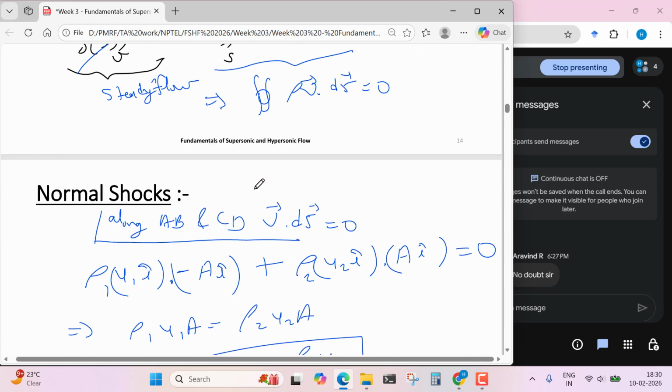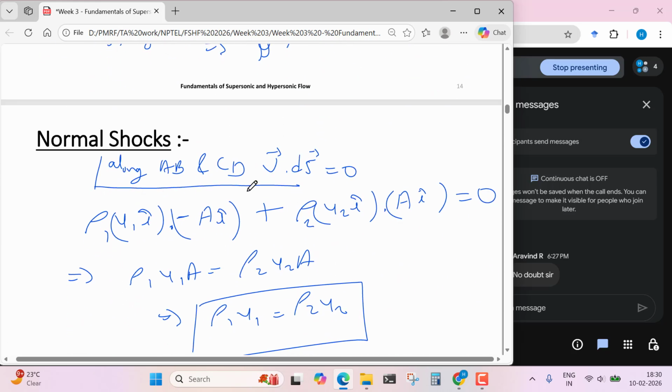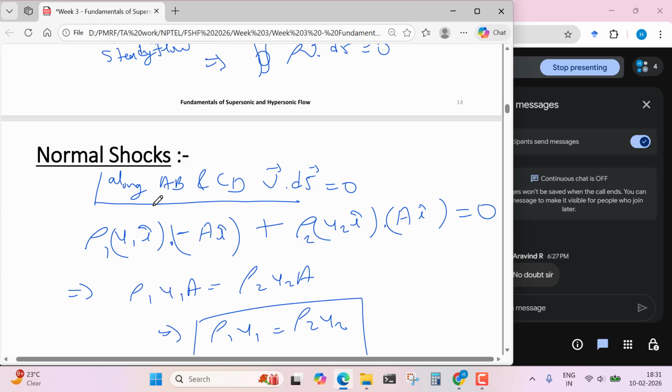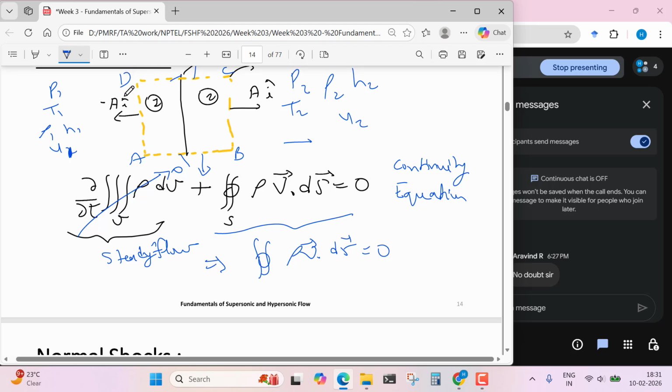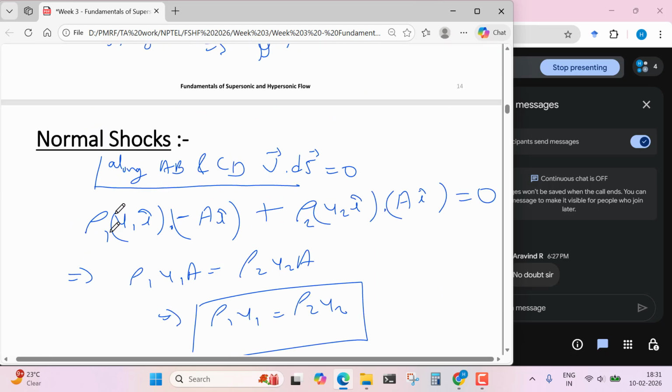We will expand this. For AB and CD we don't need to write this. So we get ρ1 U1 i cap for this surface, dotted with minus A i cap. i dot i is equal to 1.